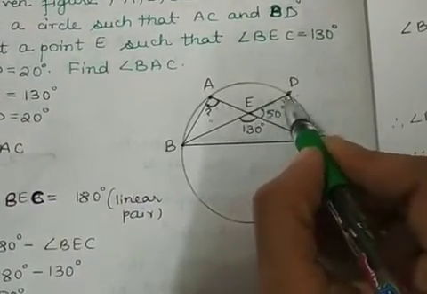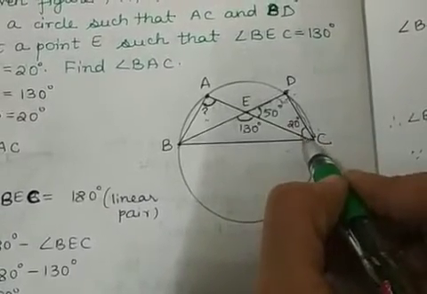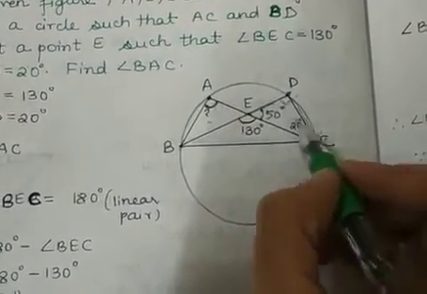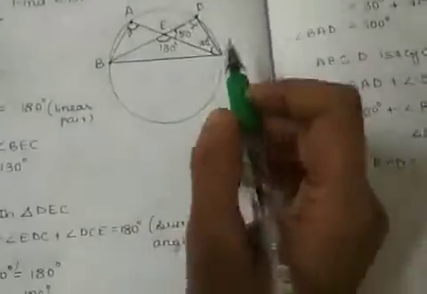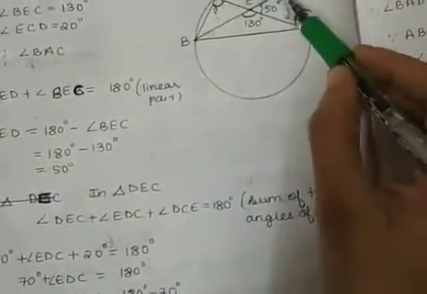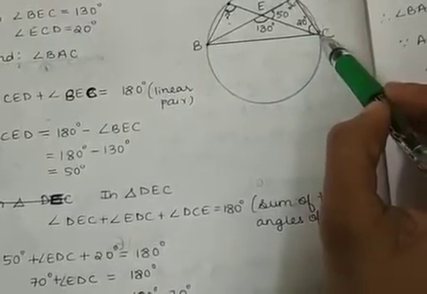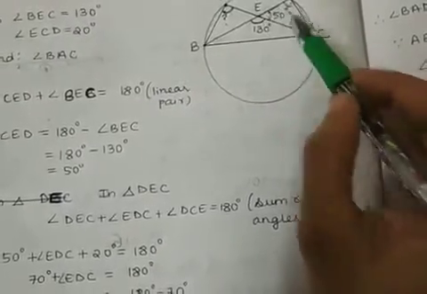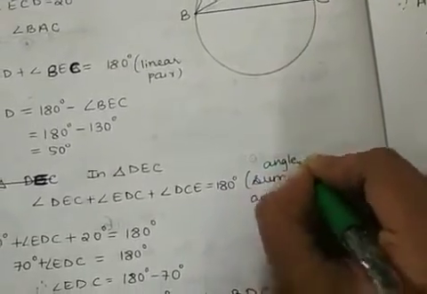Now if you consider this particular triangle here, you know this angle and this angle. Then by angle sum property I can find this angle, right? So in triangle DEC, angle DEC plus angle EDC plus angle DCE is equal to 180 degrees. So this is angle sum property.